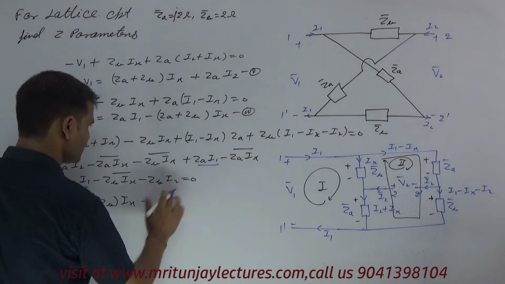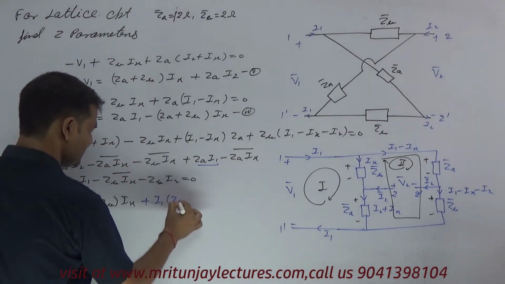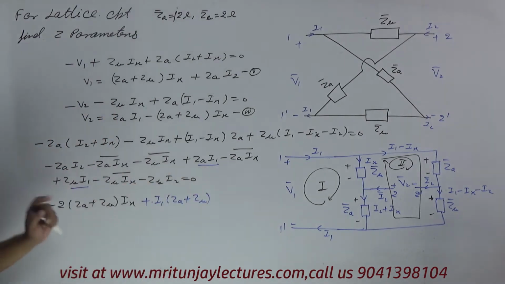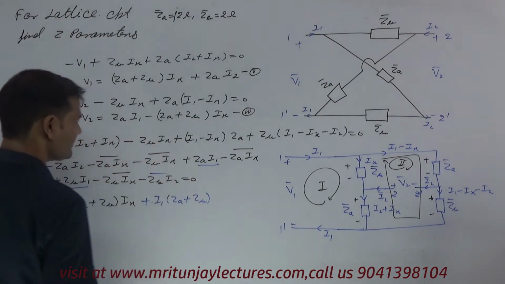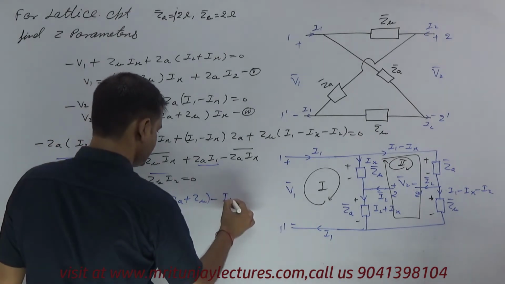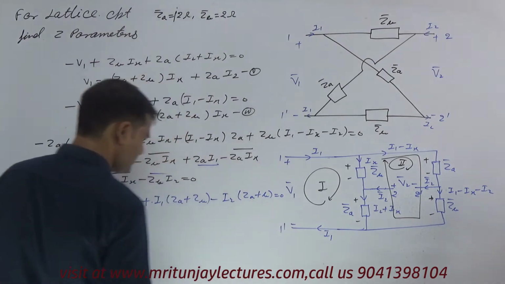Sorry, silly mistake. I1 is common, (ZA plus ZB). Next, same, minus I2 (ZA plus ZB), this is equal to 0.